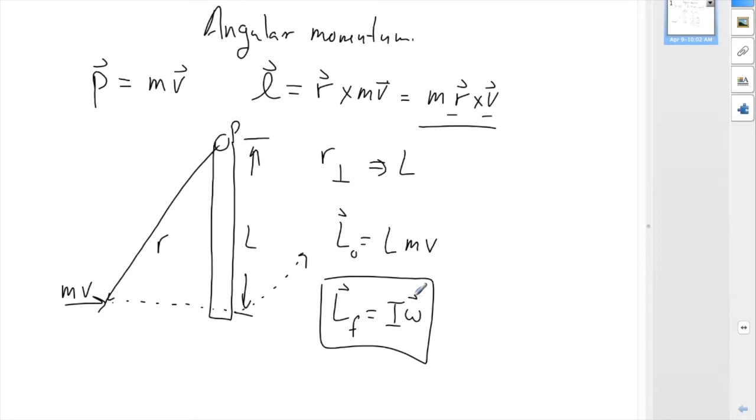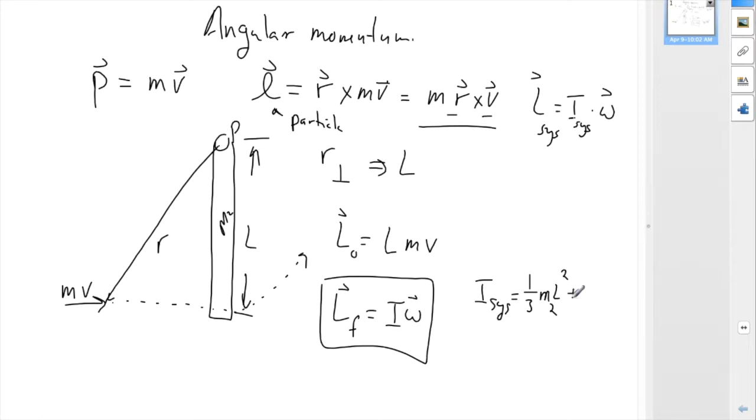This is L for a particle, and L for a system is I of the system times omega. So the I of the system would equal 1/3 m2 L squared plus m1 L squared.